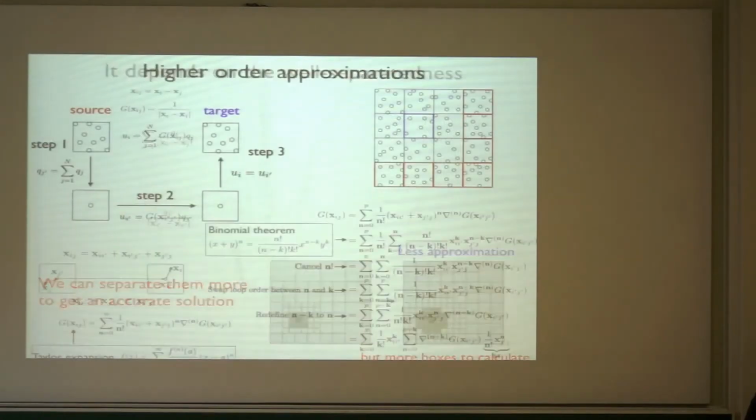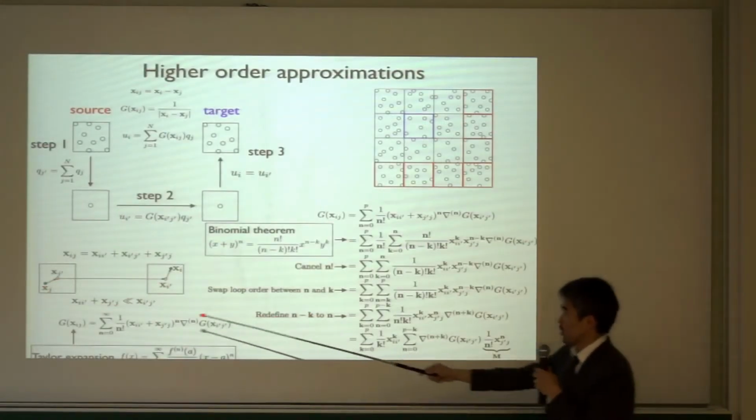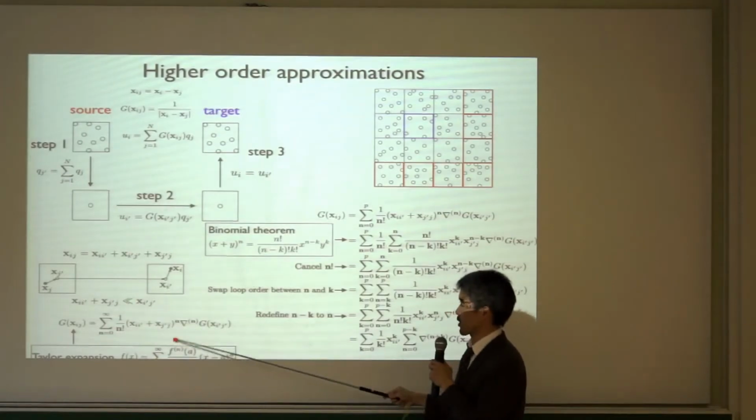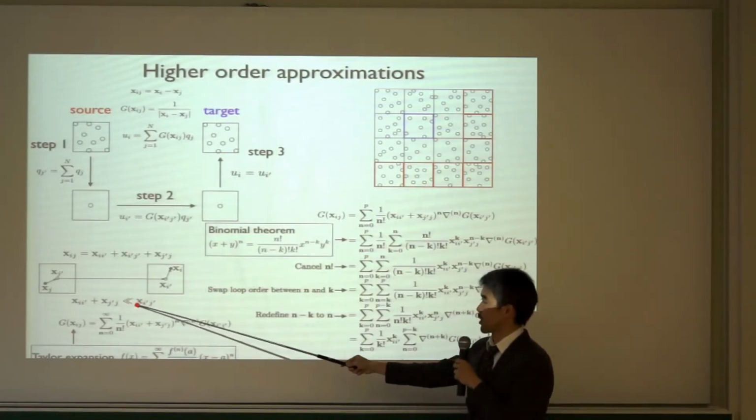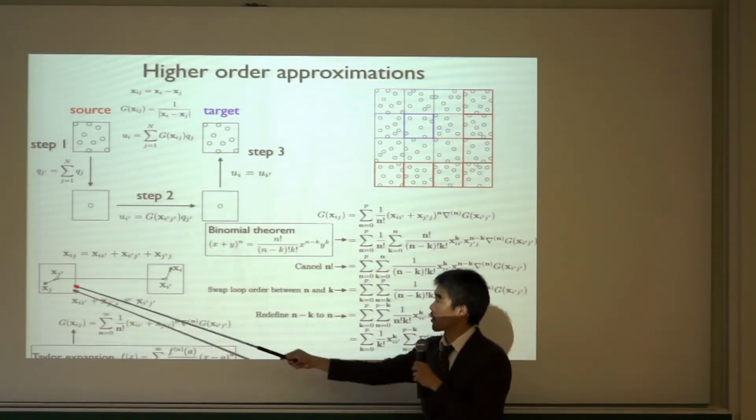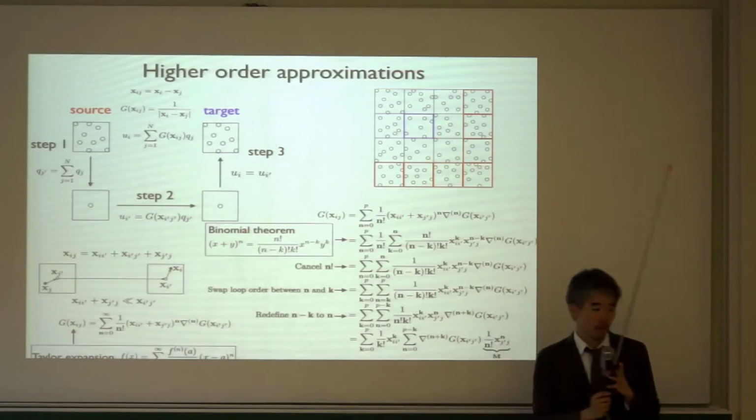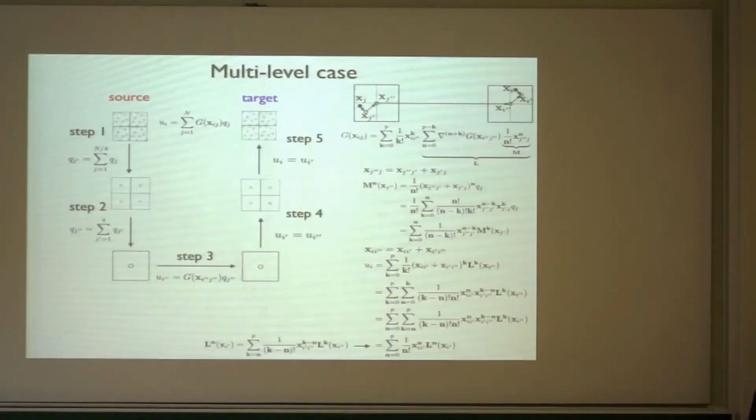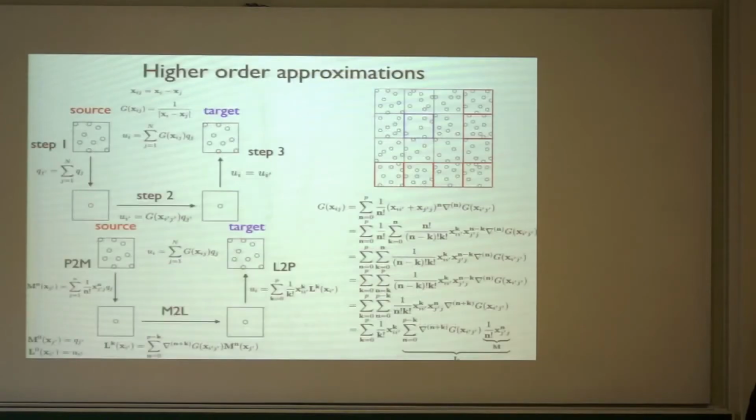Where did we introduce this? Here. So this was the condition for this Taylor expansion to converge to begin with. As long as we have this, the accuracy is controllable to whatever we want.